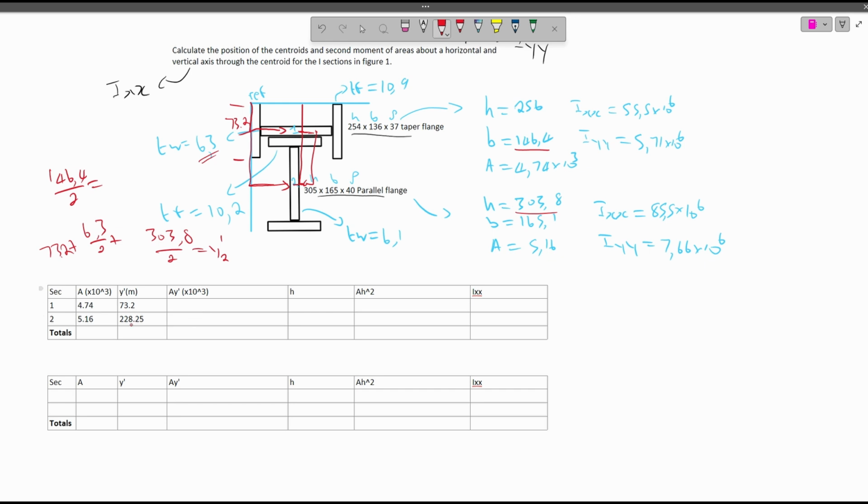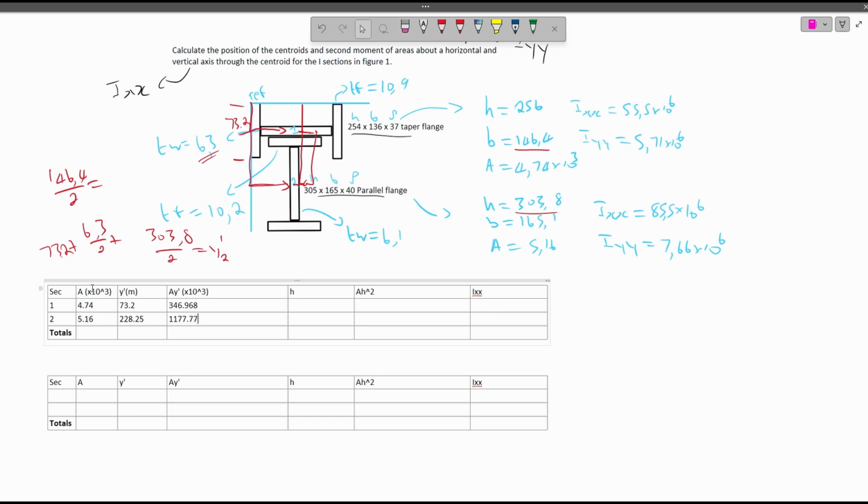Now let's go to our Ay. We have 4.74 times 73.2, which is 346.968 times 10 to the 3. Then 5.16 times 228.25 is 1177.77.